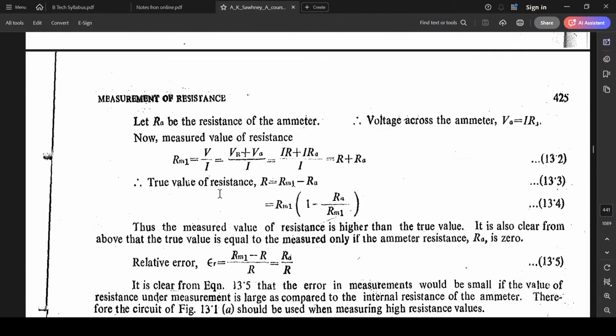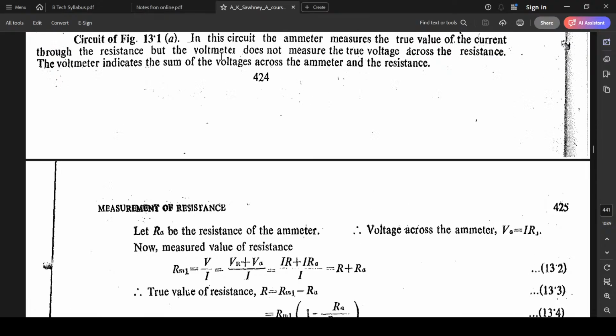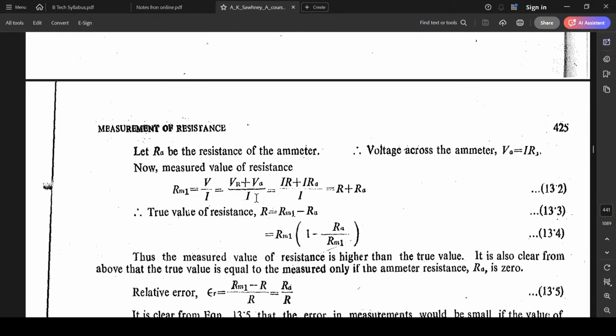So RM is equal to V by I, and V is the sum of the two voltage differences, as mentioned in this line. So V is the voltage across the resistance and the ammeter, VR plus VA, that is I RA plus I R, the ideal one, divided by I. So we'll take I common.